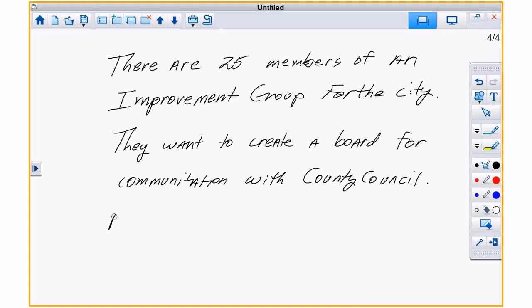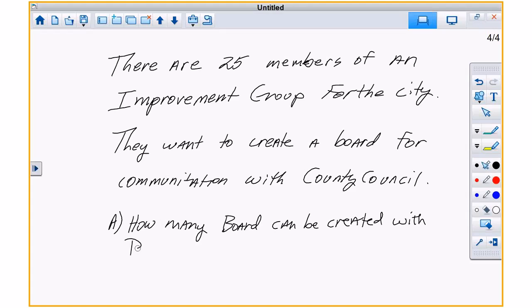A, how many boards can be created with president, vice president, secretary, and what? Treasurer. Is that the norm? Yes. That is the norm.